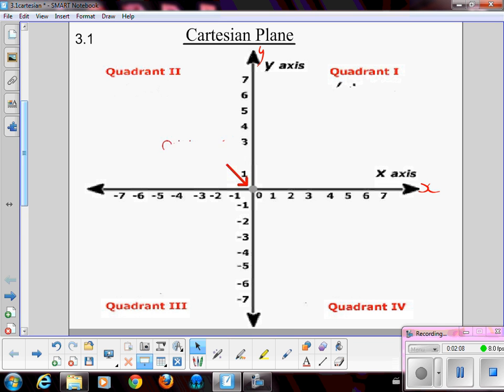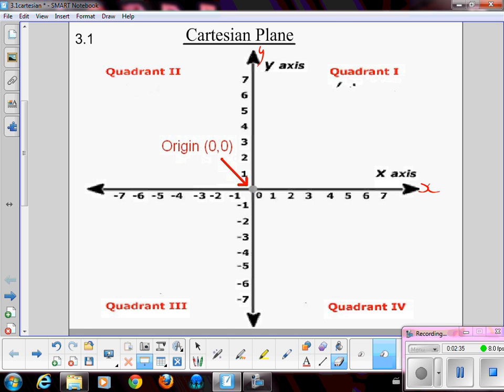You can see I have a red line, and this is called the origin, meaning the beginning. It's where the two axes intersect, and it has the coordinate 0, 0. We're going to talk a little more about ordered pairs, and that's because a pair means 2.